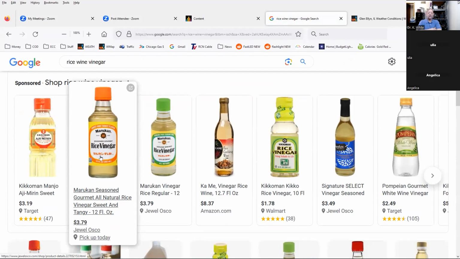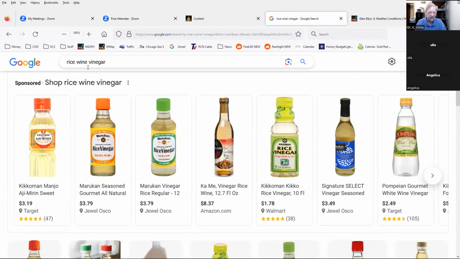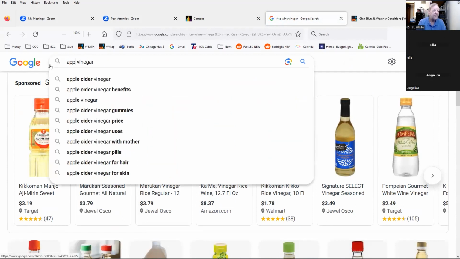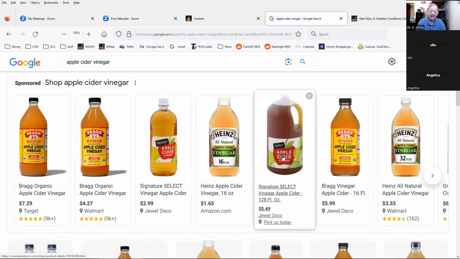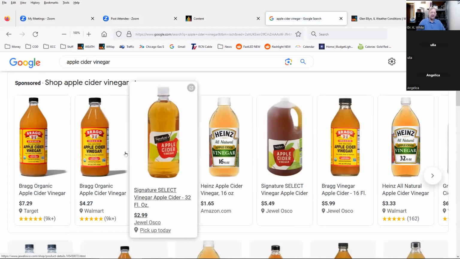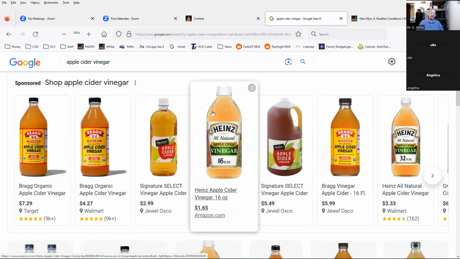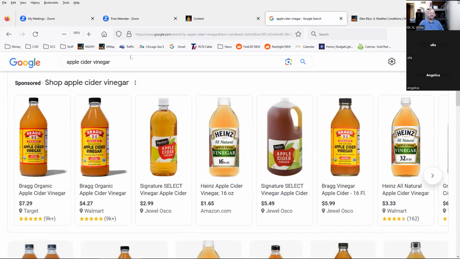That's one of the best vinegars out there, rice wine vinegar, and the best brand that I like is Marukan. Now even you can buy it at Jewel. That's amazing. For many years, you had to go to an Asian store to get Marukan. Another favorite vinegar of mine is apple cider vinegar, and there are many brands. I like both of those, and that's acetic acid.